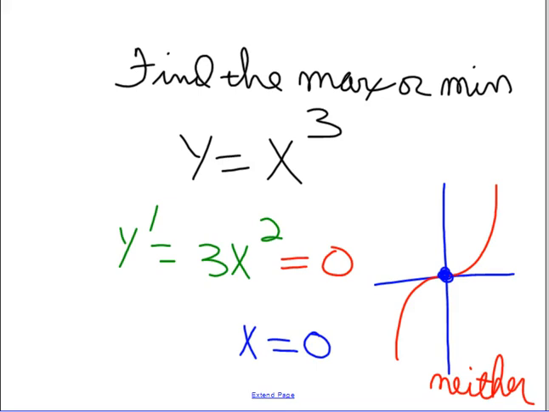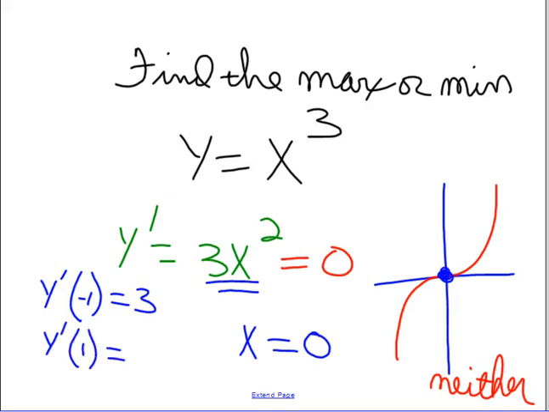So here's the thing that you should notice. If I check a number slightly to the left of 0, like -1, if I put -1 into that, -1 squared is 1 times 3, I get 3. And if I check a number slightly to the right of 0, like 1, I also get 3. That's the slope. Remember, I'm checking it into the derivative, so I found the slope over here is 3, and the slope over there is 3.